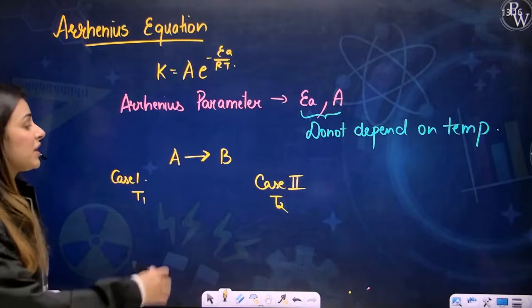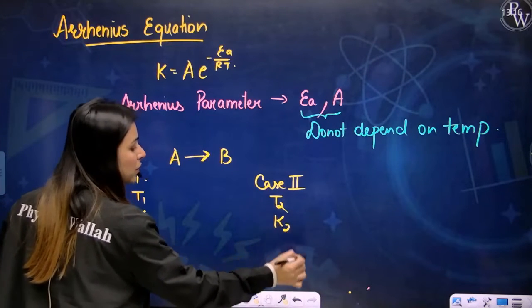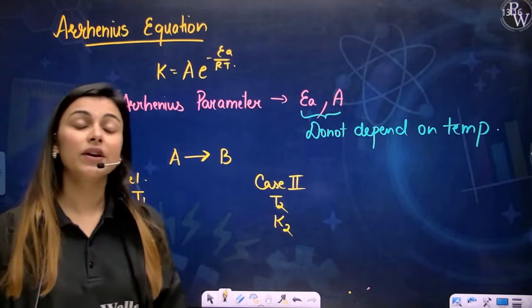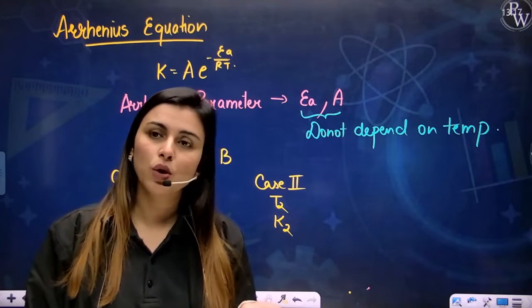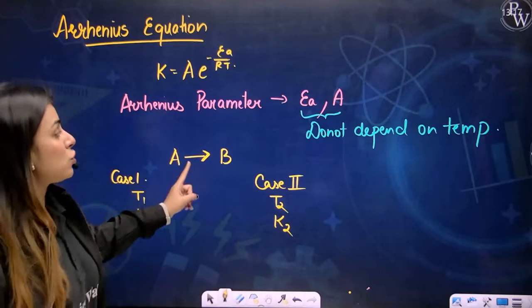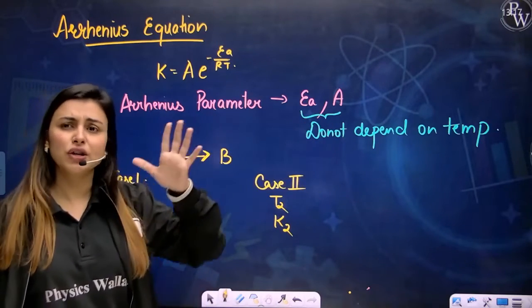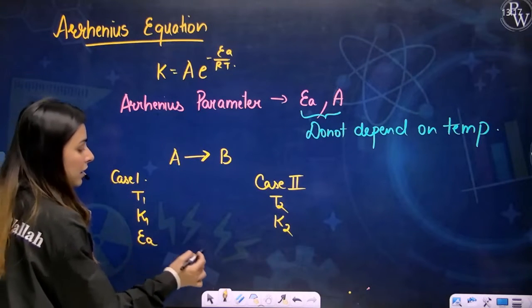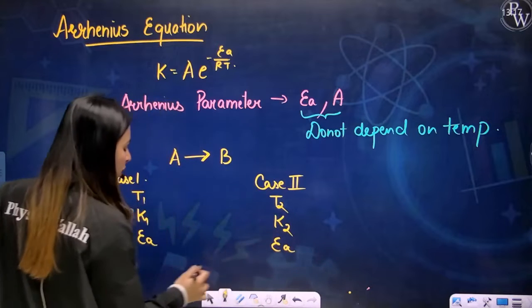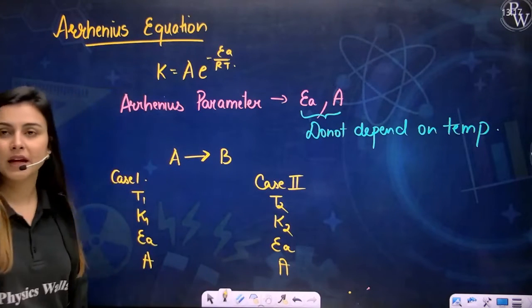Then this will be k1 and this will be k2. That is, your rate constant depends on temperature, so definitely the values of k1 and k2 will be different. I also told you that activation energy and the pre-exponential factor don't depend on temperature. So your activation energy Ea will be Ea here and Ea here also, and Arrhenius parameter A will be A in both cases.